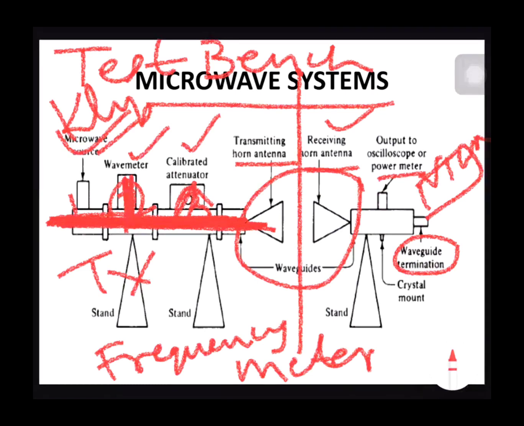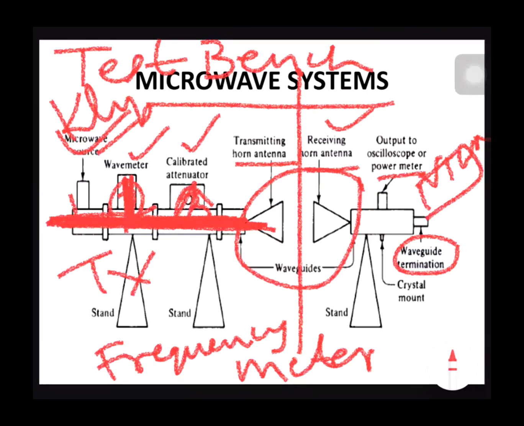How does it reduce it? It drops down the power. It absorbs part of the input power and the remaining 50% of the power is transmitted further. So that is what we call an attenuator. An attenuator absorbs the input signal partially and allows the remaining signal to propagate further.